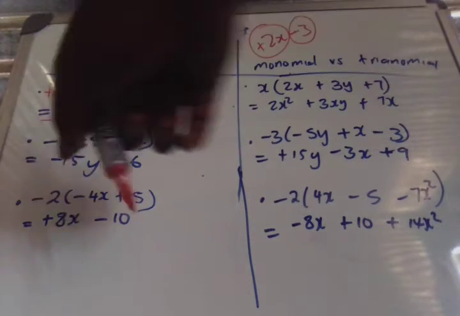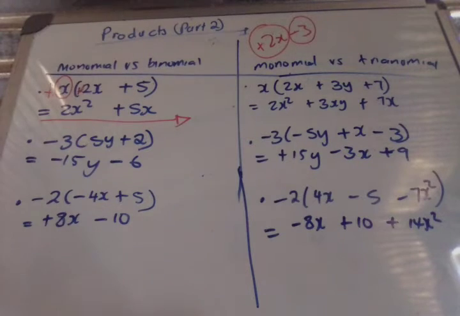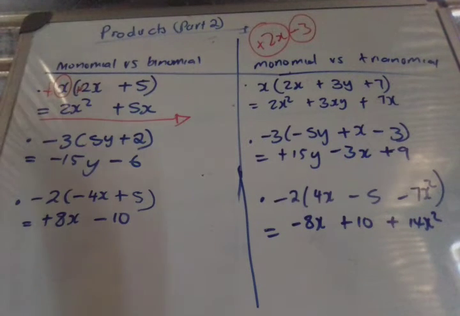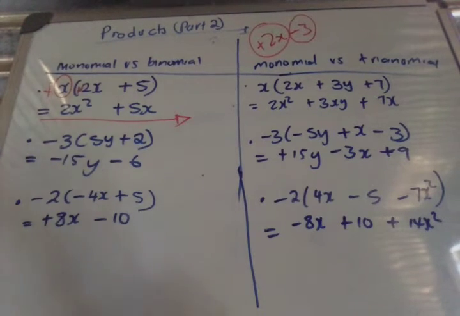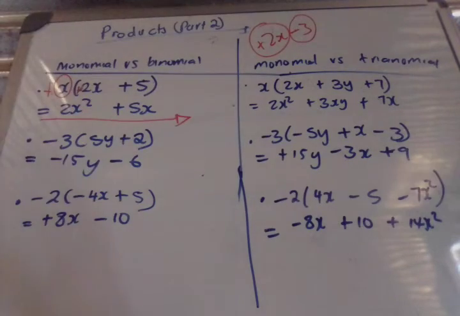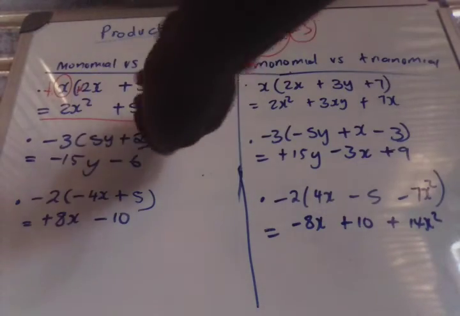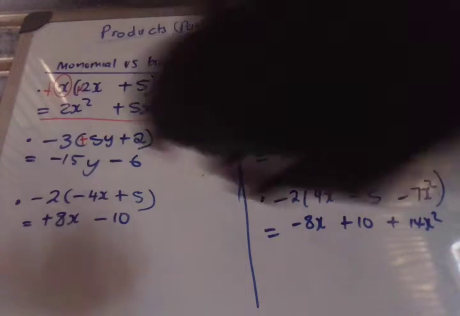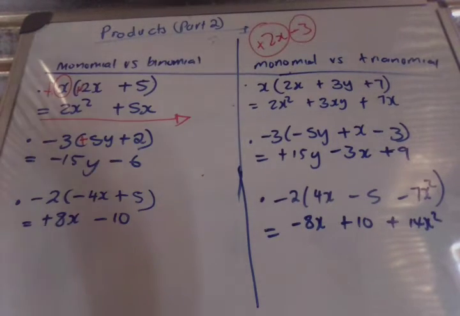Similarly, in this one we've got negative 3 into 5y plus 2. Again the sign is negative, in this case it's given, but for the 5y we don't have any sign, so if there's no sign you should always assume it's positive. Now let's start the multiplication.